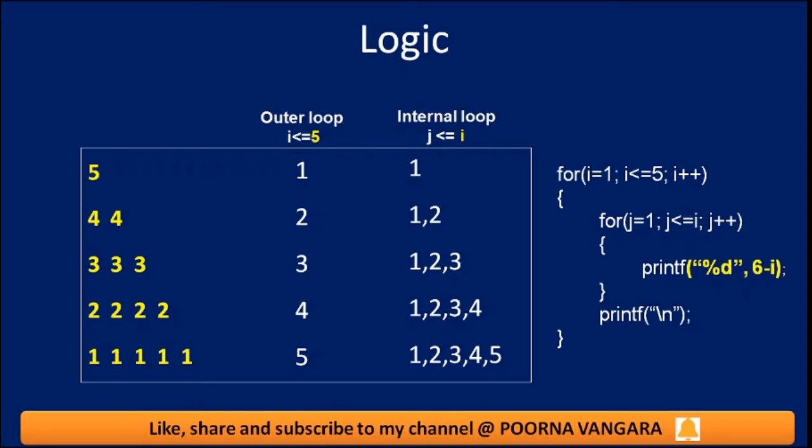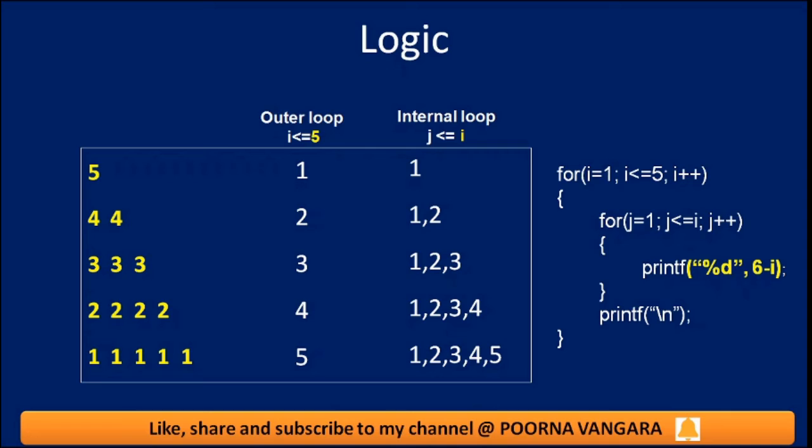What are you going to print? 6 minus I. So you need to look at I. 6 minus 1, I am looking at the first line, 6 minus 1 is 5, so 5 is printed. In the second line, I equal to 2, so 6 minus 2 is 4.